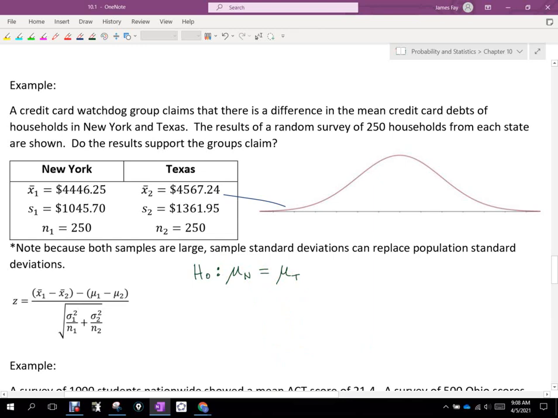If you would have written it differently, you could have gone Texas on the left and New York on the right, correct? Would it still tell me the same thing? Yes. So my alternative hypothesis then will be mu sub N does not equal mu sub T.